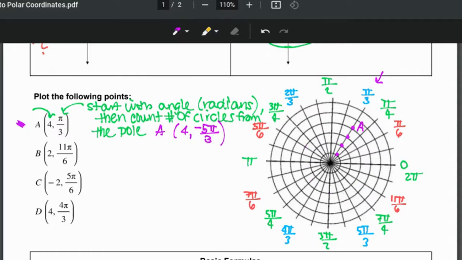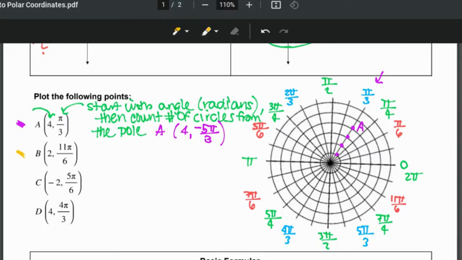So since we have coterminal angles, technically there's an infinite number of coterminal angles that would end up at this exact same location where point A is located. And then I'll show you some more answers for point A after we go through point B, C, and D.